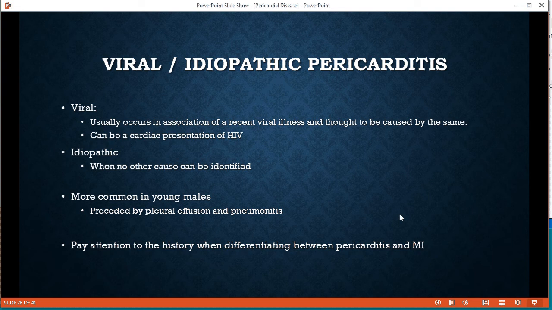It could be after an injury, after surgery, or after some type of bacterial or viral infection. You may have associated renal failure with a high BUN to demonstrate uremia, or somebody who has hypothyroidism and myxedema. Usually there's some other component of the history that allows you to think about pericarditis versus an MI.